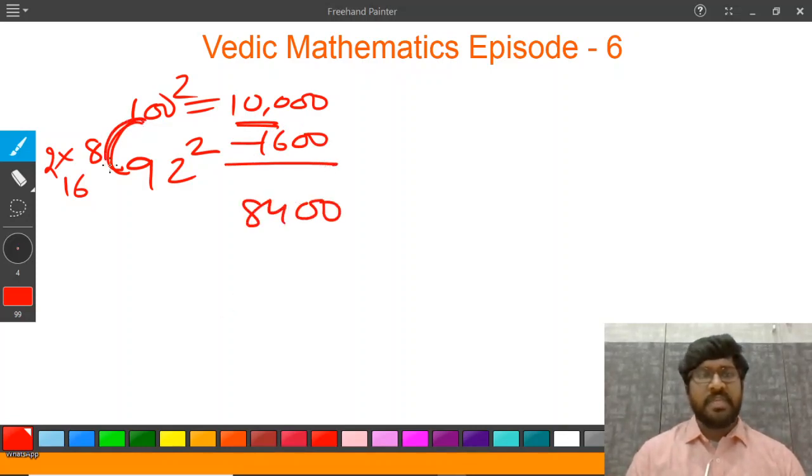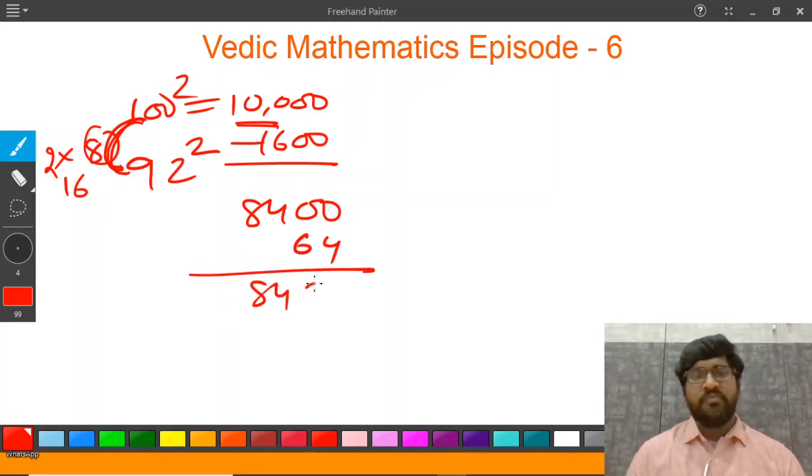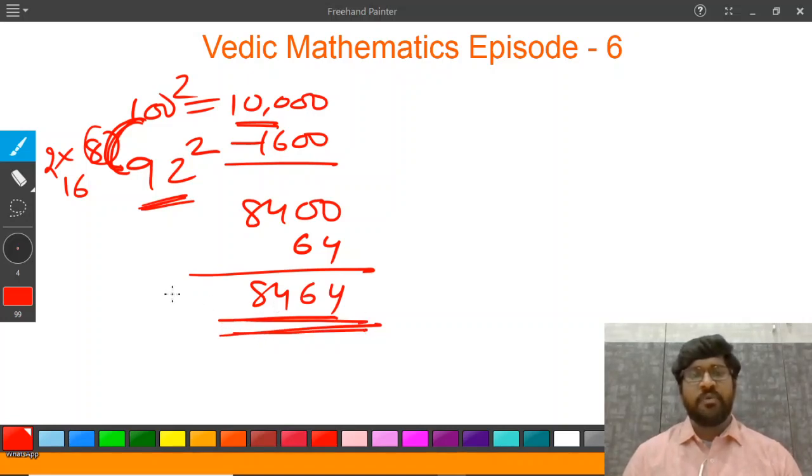Since the difference is 8, I should add 8 square, 64, to this. 8,464 is 92 square. So as it is 8 less, since we are taking 100 as reference, into 2, 16, that 1600 I subtract, which gives 8,400. Then 8 square I add, 8,464.